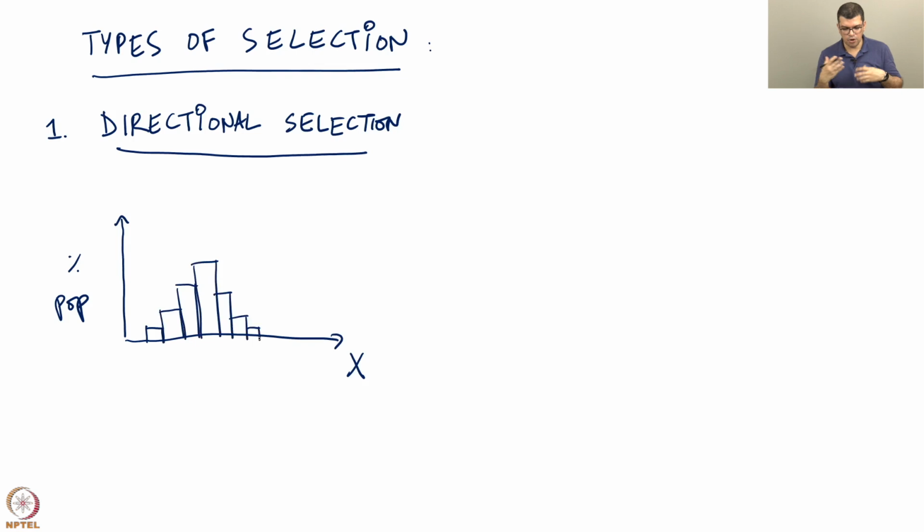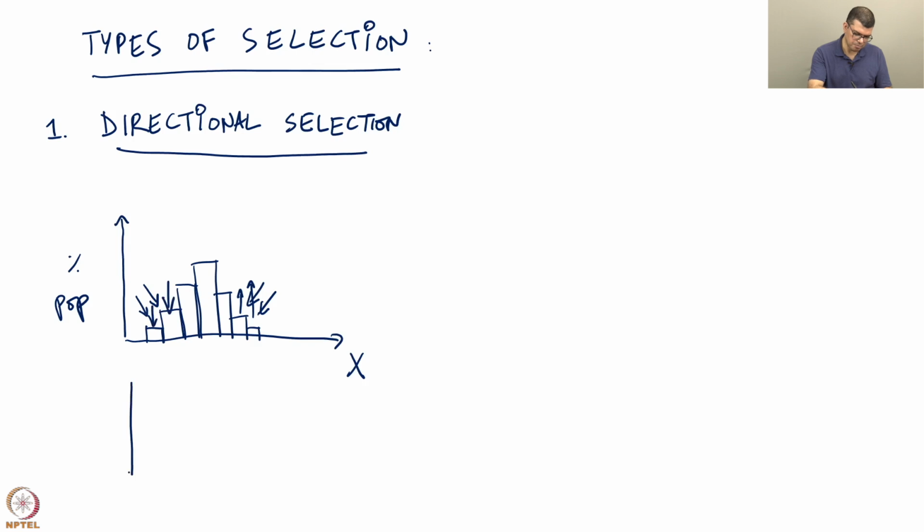But because of how selection is acting, these individuals are at a higher fitness as compared to individuals with lower values of X. Hence, as evolutionary time processes, as generations keep moving forward, these individuals increase in frequency, these individuals decrease in frequency. So, there is an overall shift in the population distribution from left to right.